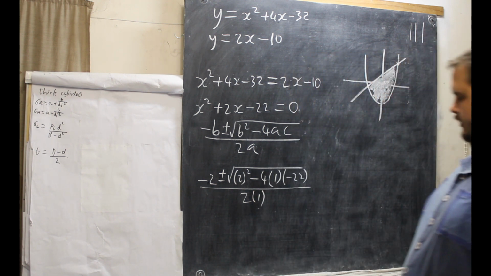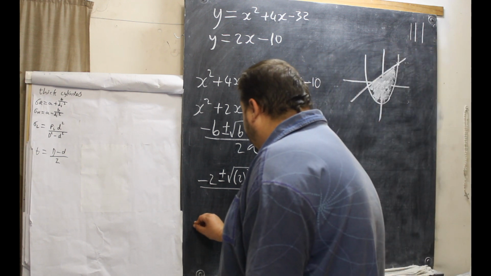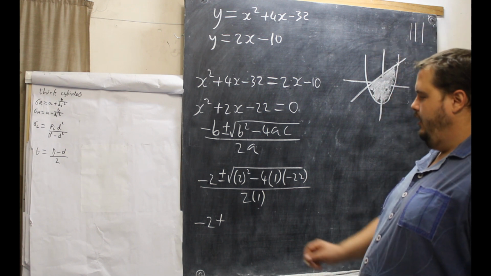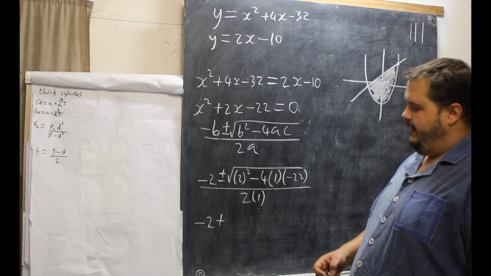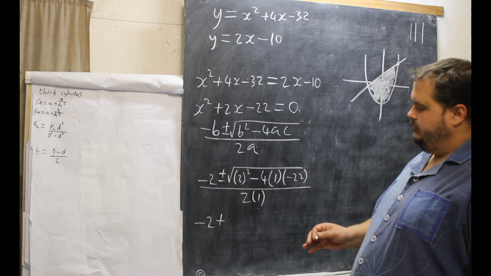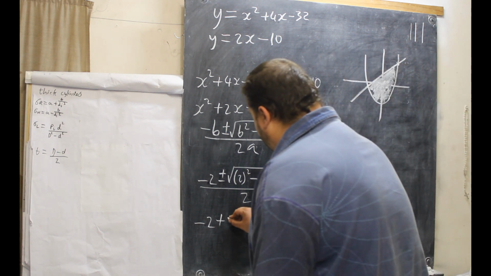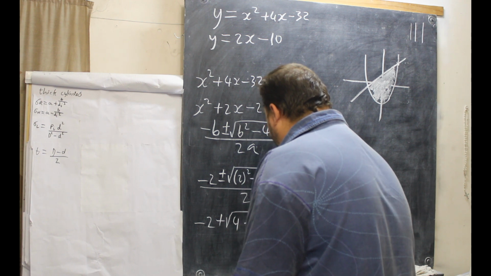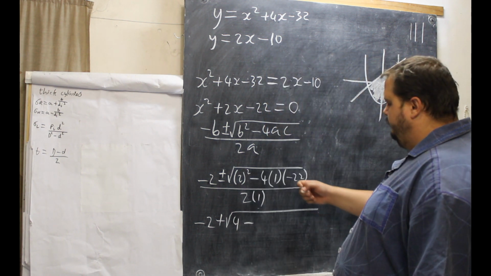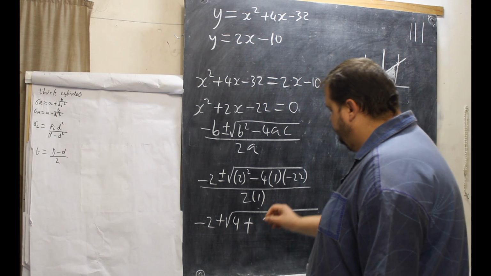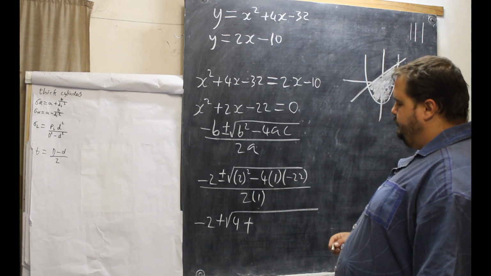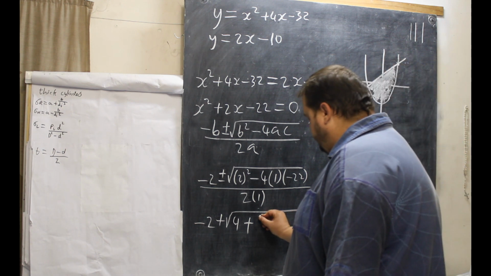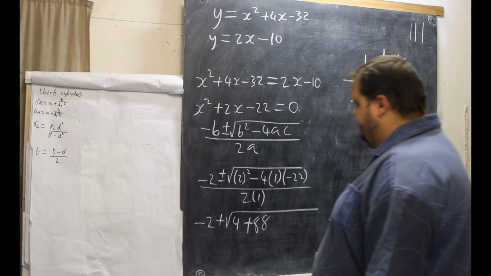Right, so what we have now is minus 2. We're just going to use the plus for now, because using plus and minus will change the sum. So right now it's plus the root of 4 minus, now this will be a plus, 4 times 22 is 88.